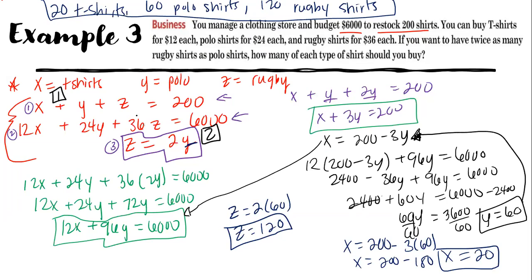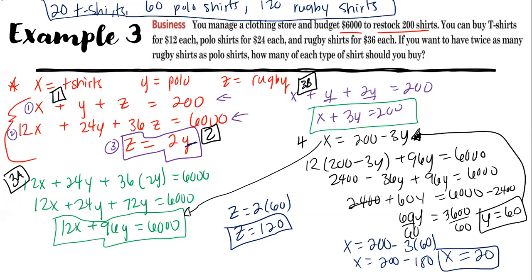It was already set up in our system by itself, so it made it super easy. Step 3, I'm going to call this 3A and 3B. We substitute that variable into our other 2 equations.